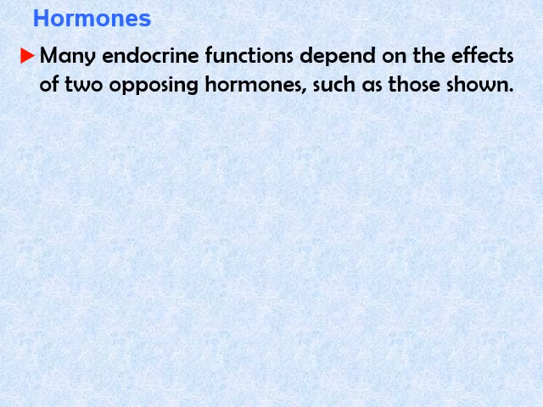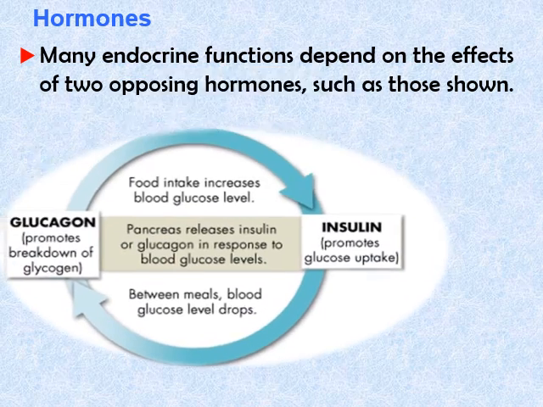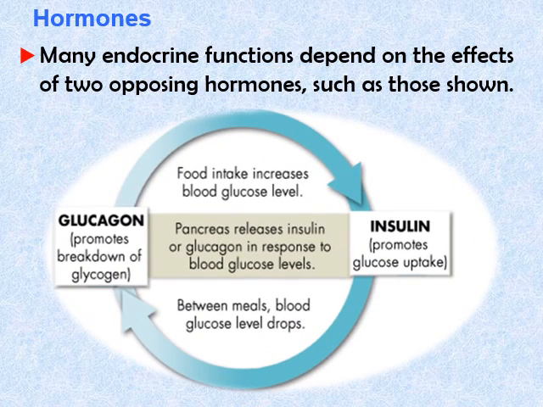Many of the endocrine functions depend on the effects of two opposing hormones or antagonistic hormones, such as those shown below in the diagram. As you can see in this diagram, there are two antagonistic hormones, glucagon and insulin, both of which are secreted by special cells in the pancreas called islets of Langerhans.